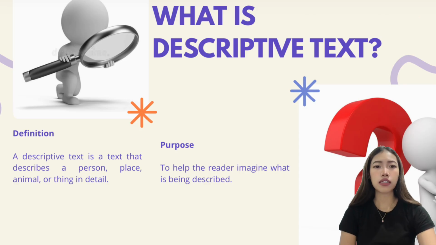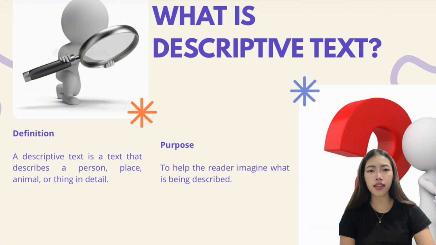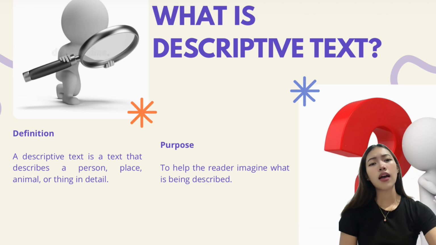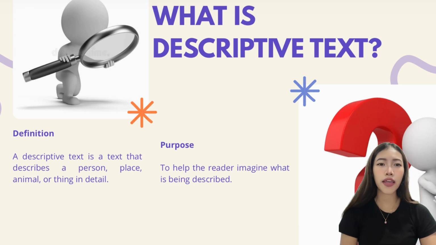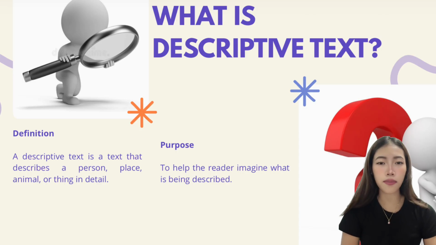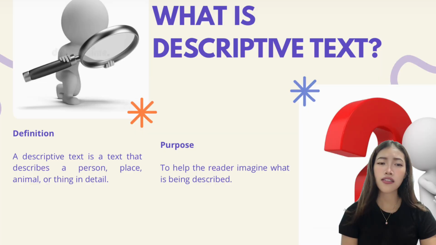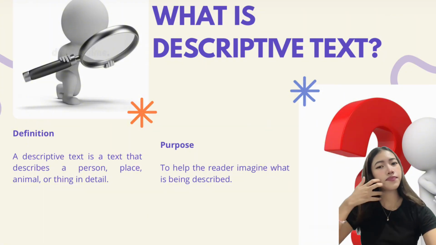For example, if I only say, I have a cat, you probably can't imagine it very well. But if I say, I have a small white cat with blue eyes, it's very playful and loves sleeping on my bed, now you have a much clearer picture, right? That's the power of descriptive text.